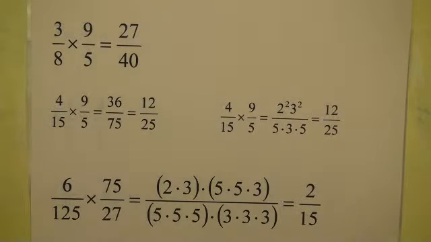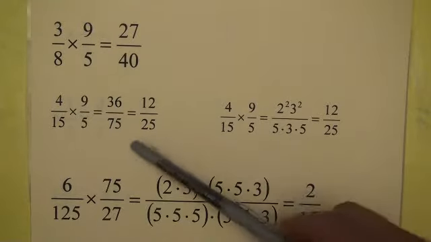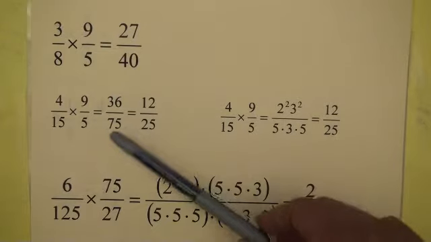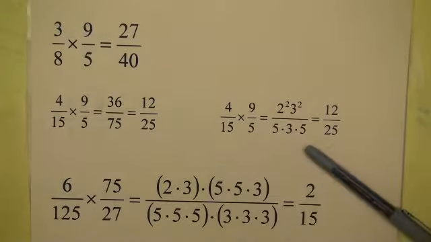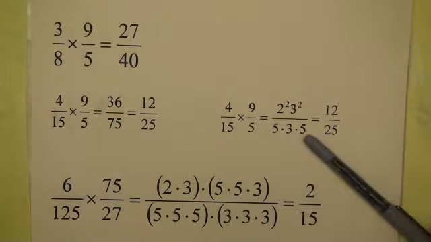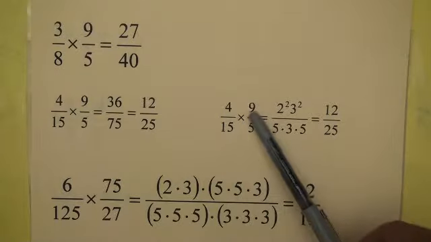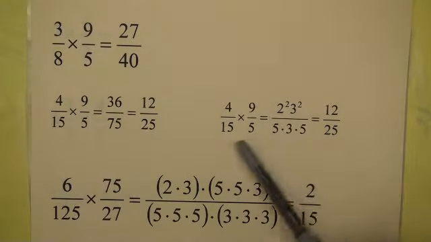Another thing we could have done, and the reason we want to know this second method, even though multiplying first and then dividing afterwards is probably easier here. In this next example, we're going to want to know this second strategy of expanding the numerators. Notice here, you can expand this to 2 squared, 3 squared. So there's your 4 times 9.